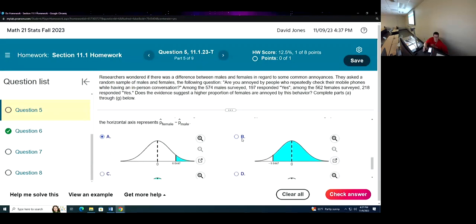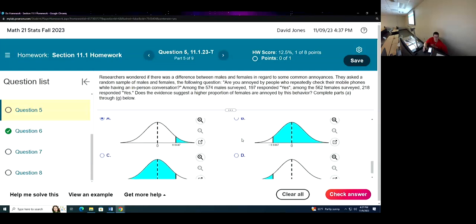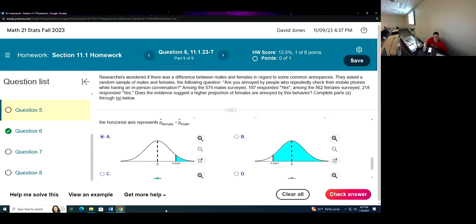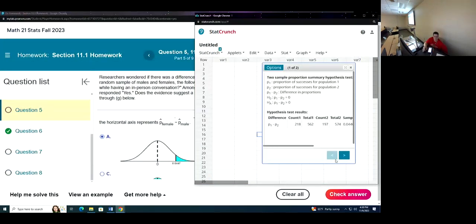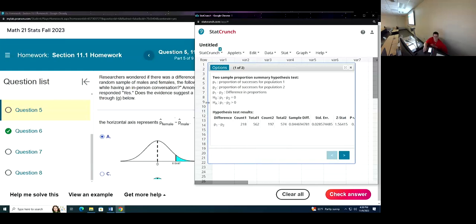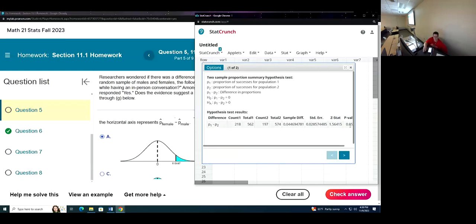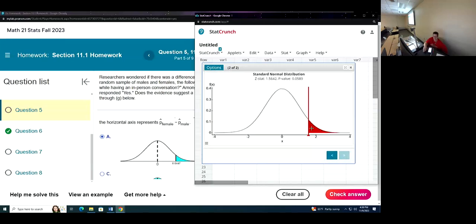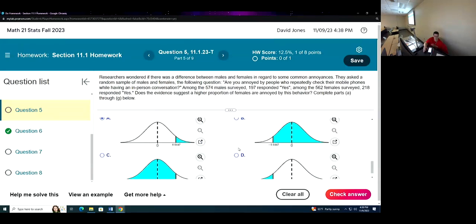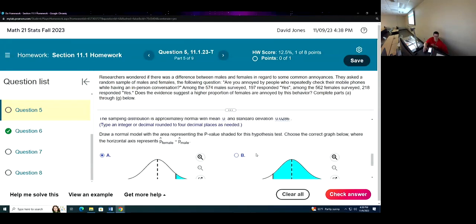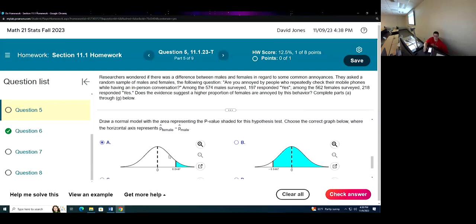Come down to D. I go back and look at the graph. It's got a different p-value number though. It's still over to the right, but it's got a different p-value than theirs listed. Maybe they were just lazy and used different numbers. Because that is not the right p-value, but it is shaded like this.